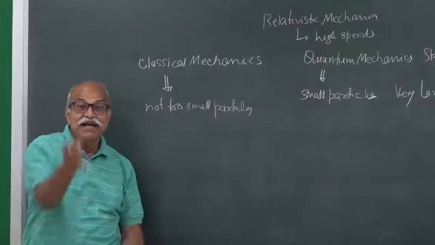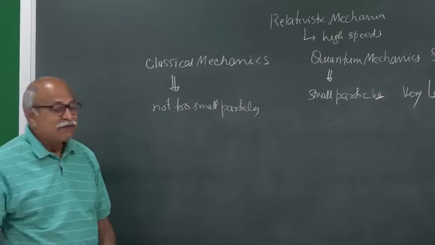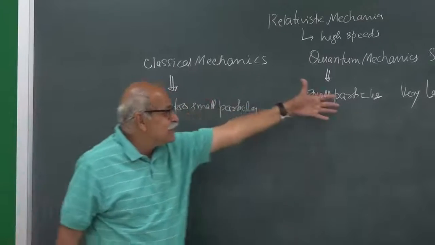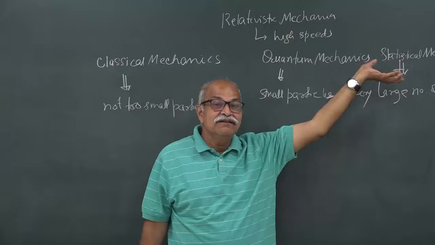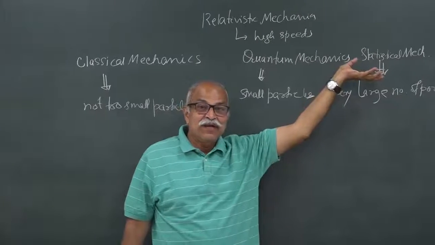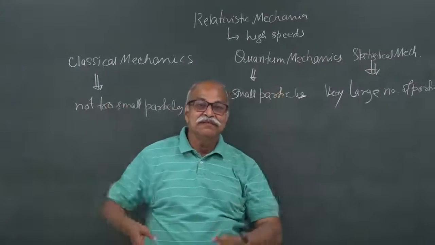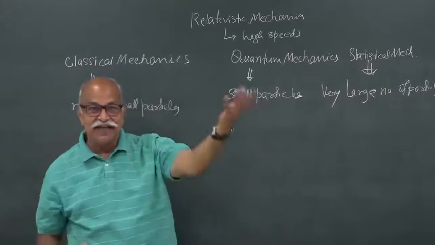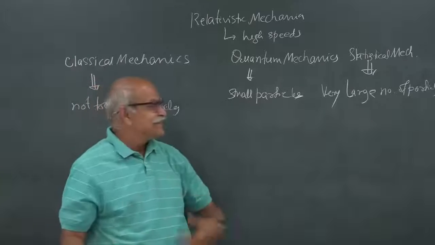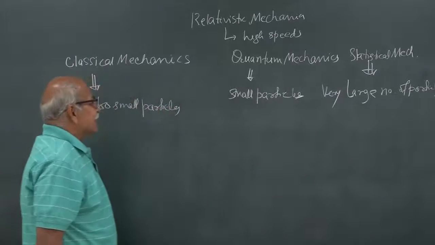A rigid body will have a large number of particles, but then here you have gas molecules in a gas jar. So, you have a large number of molecules, each molecule going in a different fashion. That is done under statistical mechanics.